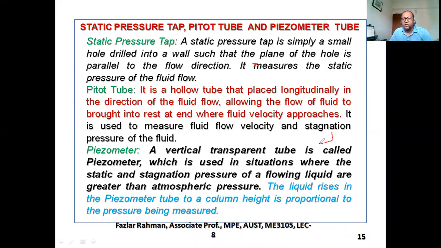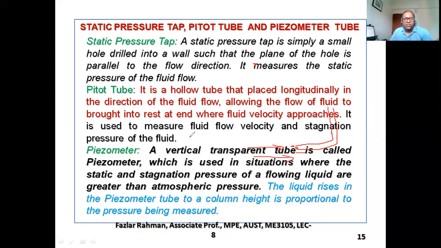For example, it is a kind of L-shaped tube, and there is a little hole over here. So when fluid is flowing and hitting right over here, the fluid will be stopped, the velocity will be stopped. If velocity is stopped, then the kinetic energy of the fluid will be converted into pressure energy.